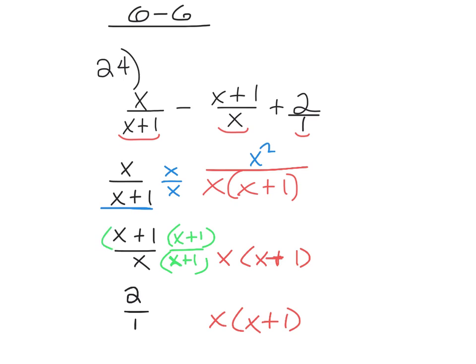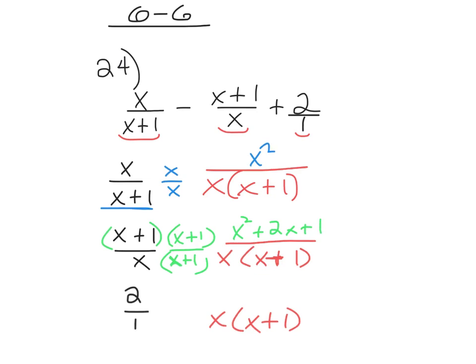Now notice over here, when I get my new numerator, I need to FOIL that. So when I FOIL it, I end up with x squared. Outside gives me 1x, inside gives me 1x, so plus 2x plus 1.